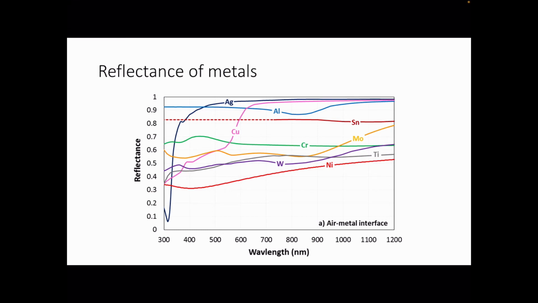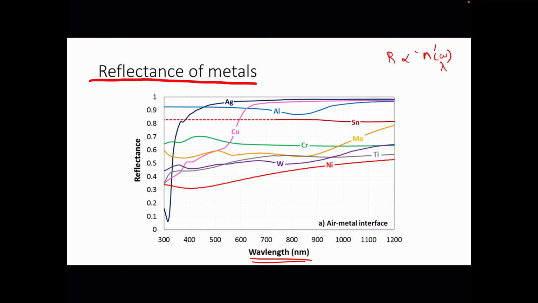So this is a measure of reflectance of different metals, and we saw previously that the reflectance is a function of the real part of the refractive index of the material, n, right? We see that all metals do not have very simple and straight features across various wavelengths, and as we saw previously, the dielectric or the refractive index is also a function of the frequency or the wavelength of the light, right? And you see that there are some distinctive features.